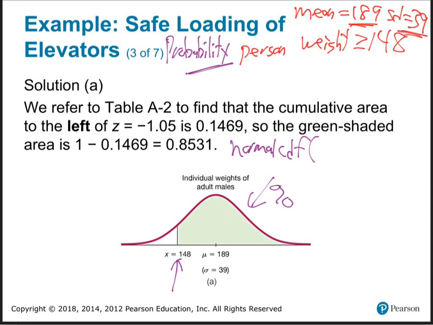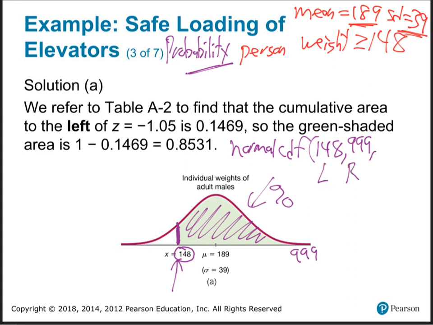So what's the left edge? Here's 148, notice. And what's the right edge of the shading, see the shading here? 148's the left edge, what's the right edge? 999, right? So 148 is the left edge, 999 is the right, mean 189, standard deviation 39.